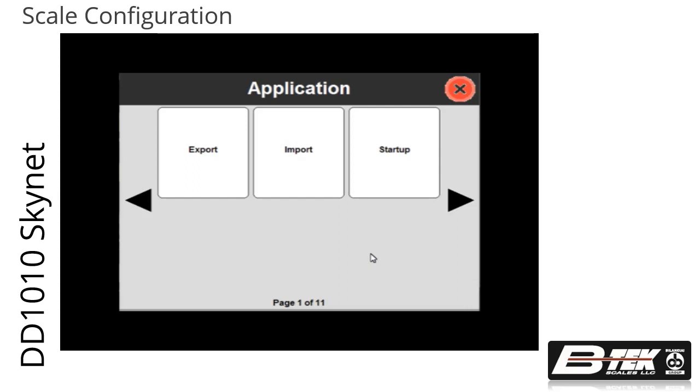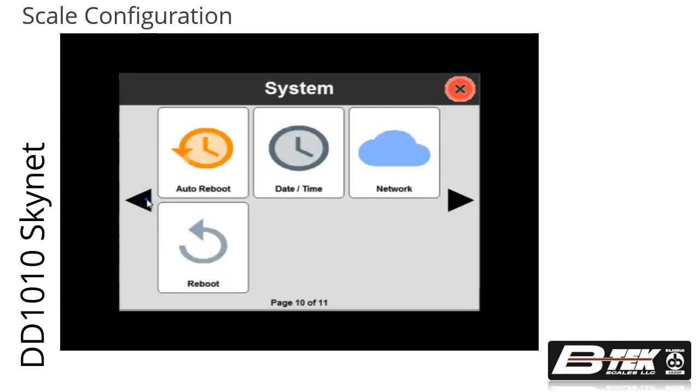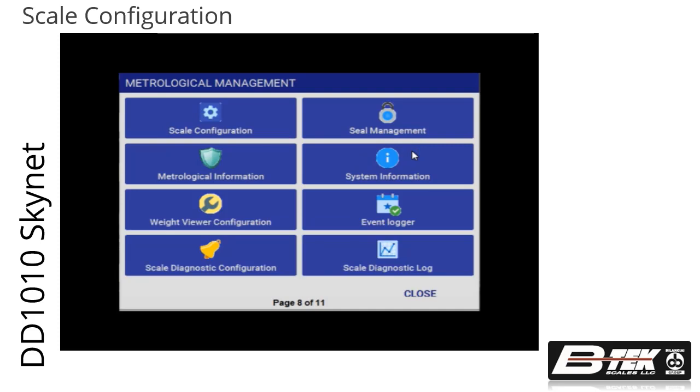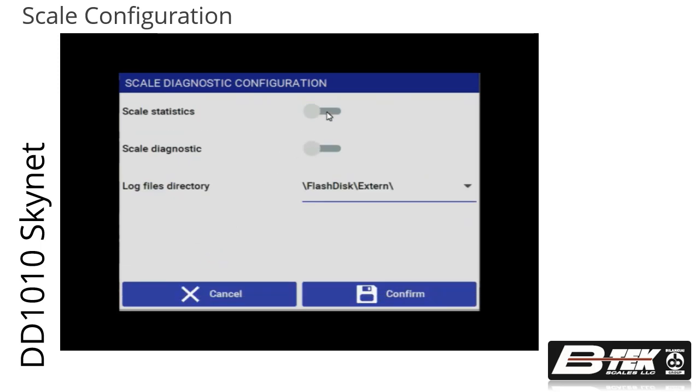Press the left arrow to scroll to the scale section. Then select Metro. Next, press the Scale Diagnostics to turn on the Scale Diagnostics and Scale Statistics.